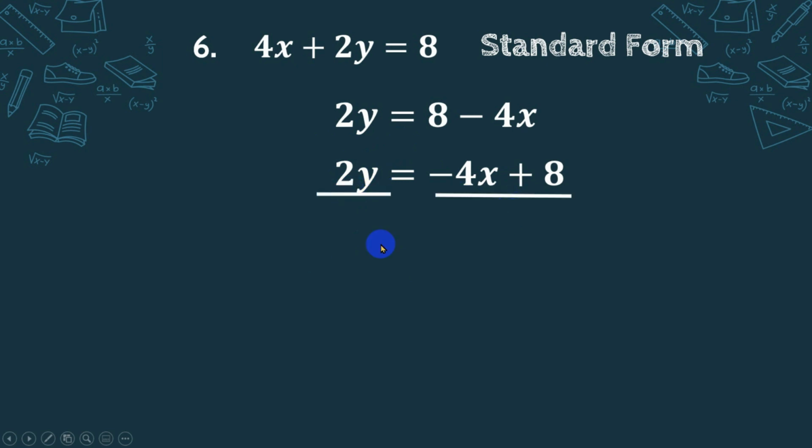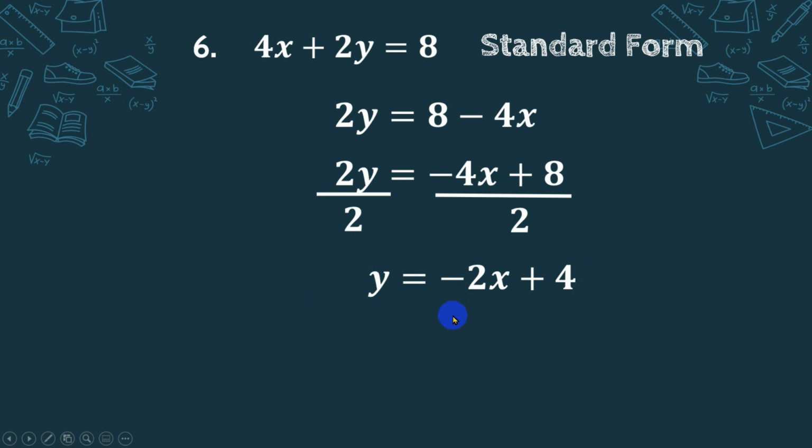So, we have to divide both sides by positive 2 para ma-eliminate natin, para ma-cancel natin yung kasama ng ating y. So, matitira na lang po dyan is y equals negative 2x. Bakit naging negative 2x? Kasi negative 4x divided by positive 2 is negative 2x and 8 divided by 2 is positive 4.